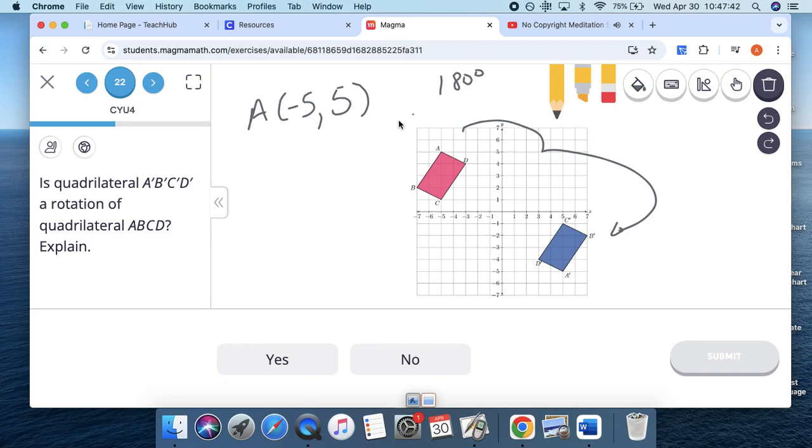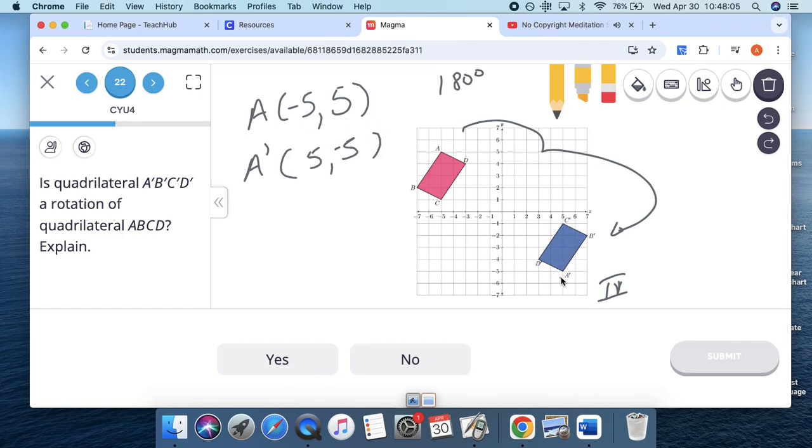So A prime is going to be 5 and 5, but in quadrant 4, the second number is negative. So A, which is negative 5 and 5, should become 5 and negative 5.